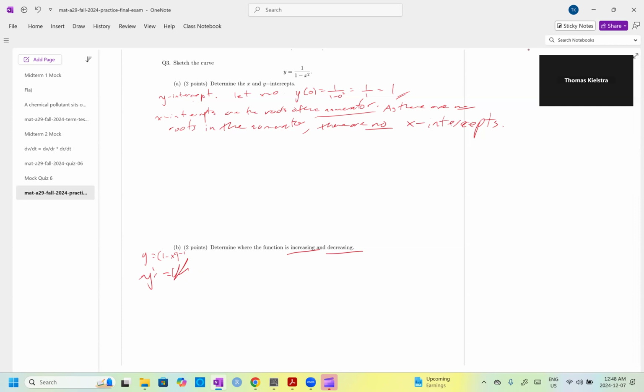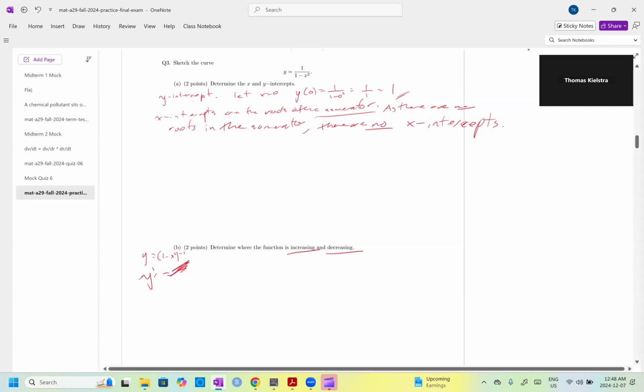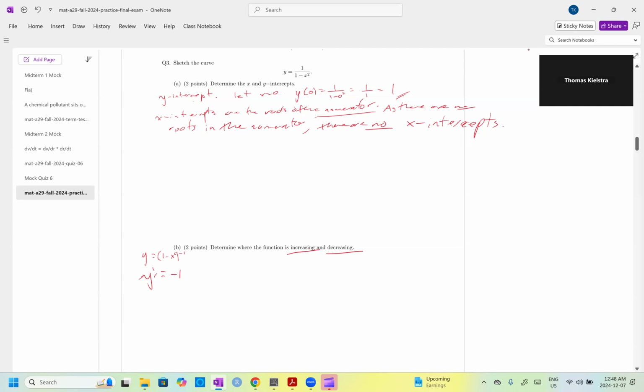This becomes minus 1 minus x squared to the minus 2 times minus 2x, which equals 2x over 1 minus x squared squared.